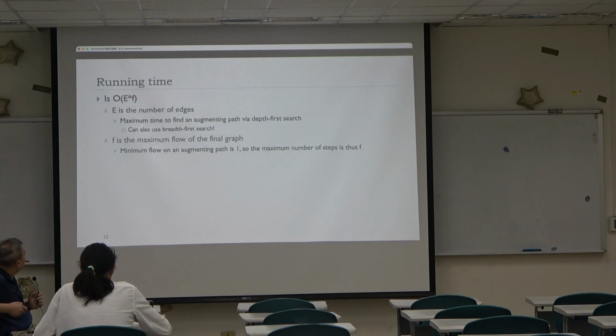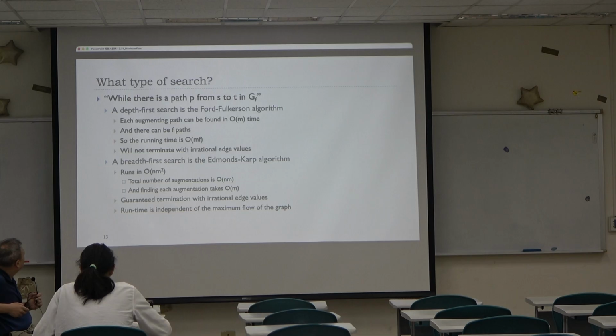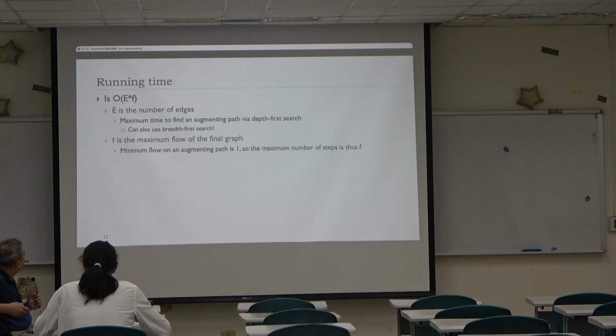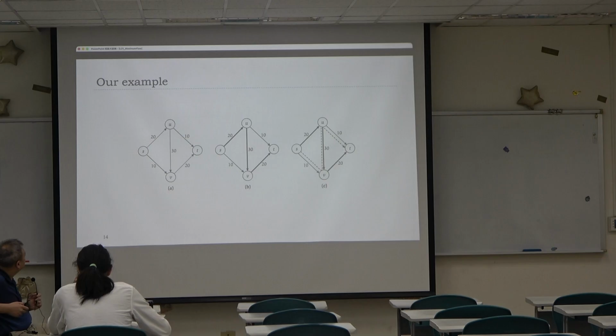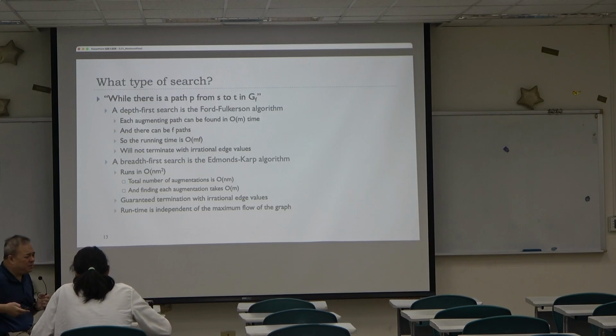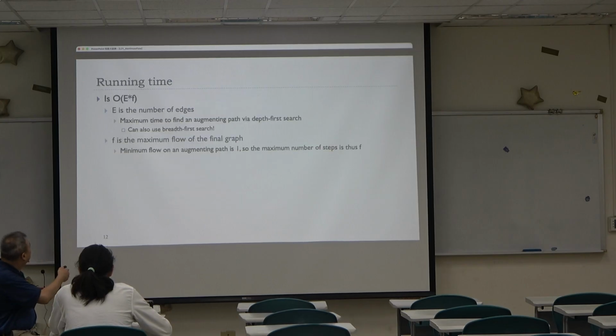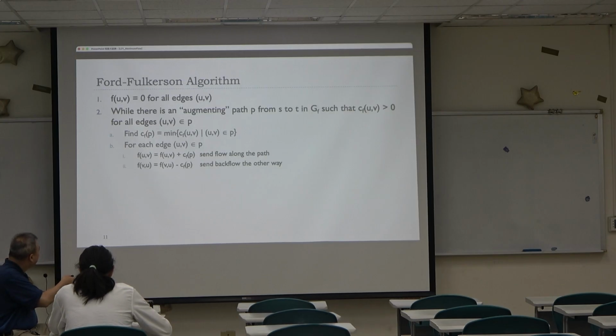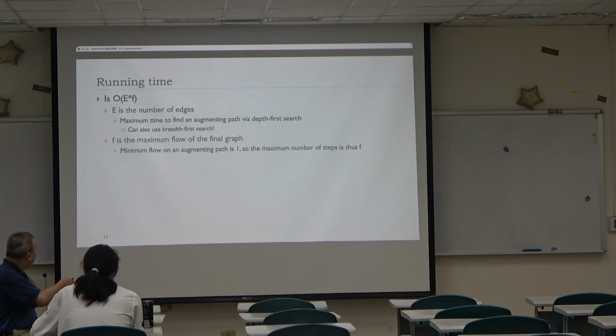The other uses breadth-first search, and that version is called the Edmonds-Karp algorithm. You may ask how much difference this makes. Yes, it makes a difference. Anyway, let's come back and look at it.